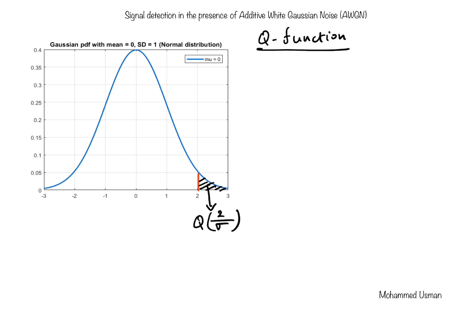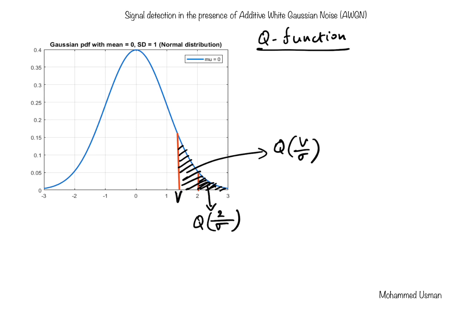In general, if we choose any voltage level, any value of V, let's say I choose another value, something like this, close to 1.4, and if we call that V, then this entire area would become Q of V by sigma.